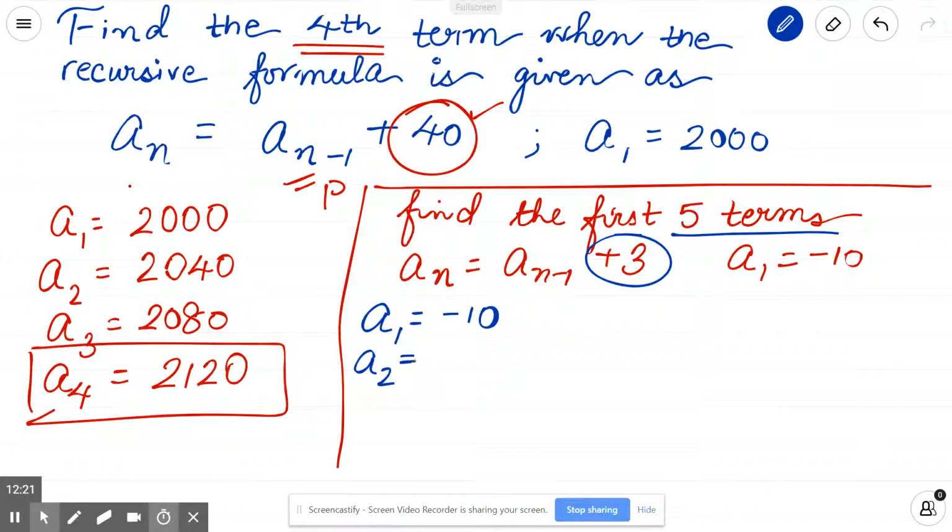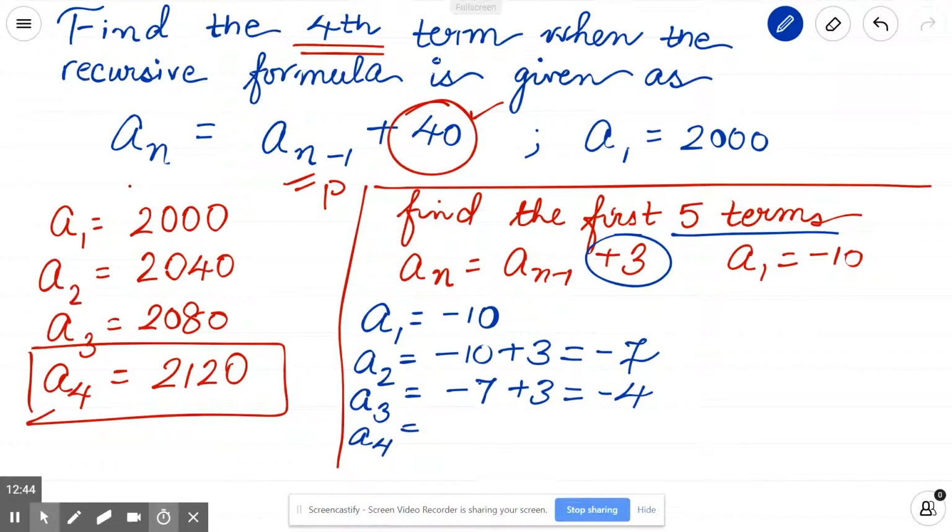Second term will be, what I do to the previous term, I add 3 to it. So -10 plus 3, which is -7. Remember, one is negative, other is positive. We always subtract, keep the sign of the bigger number. Well, the third term will be -7, the previous term, add 3 to it, which is -4.